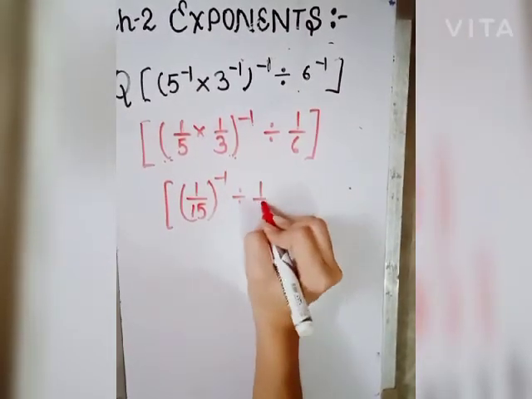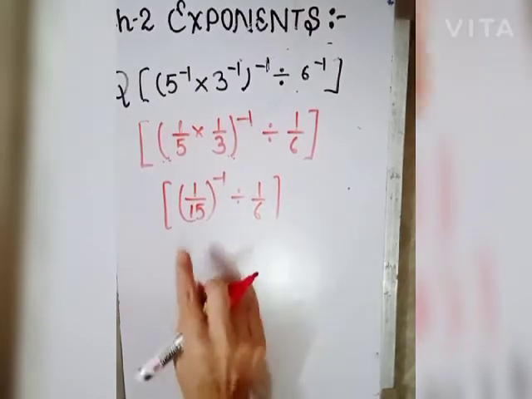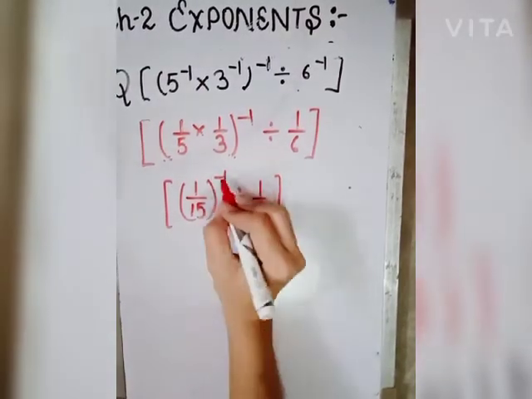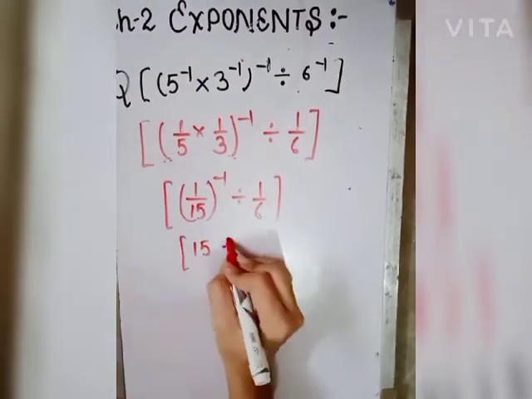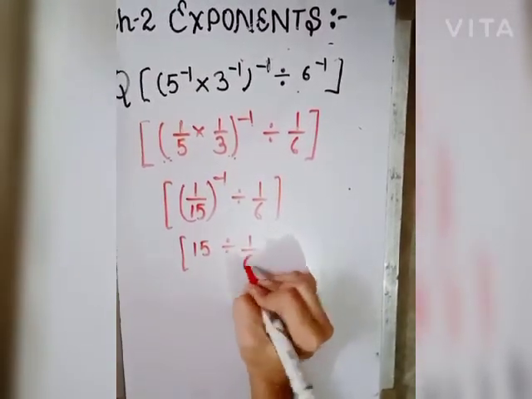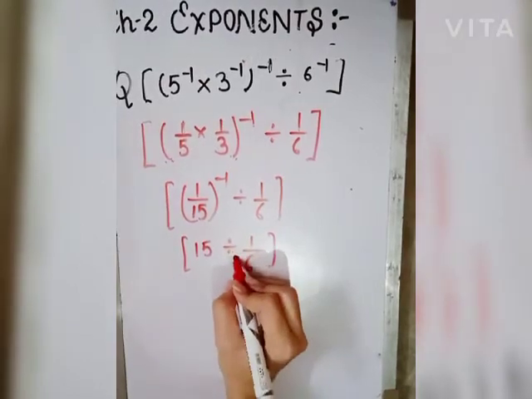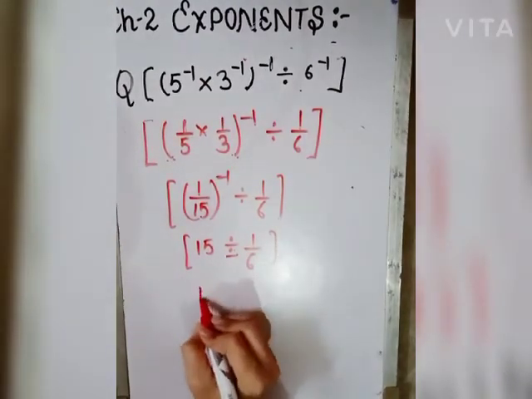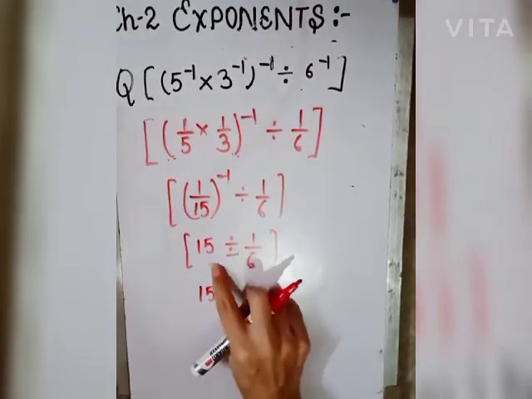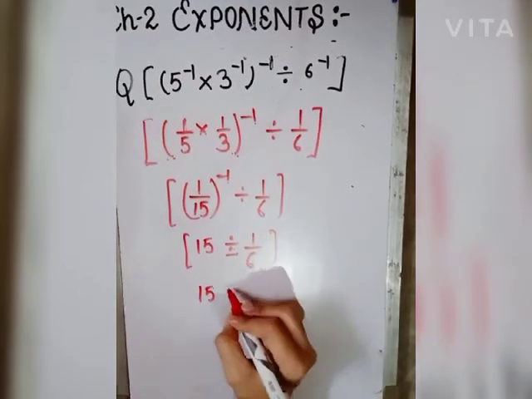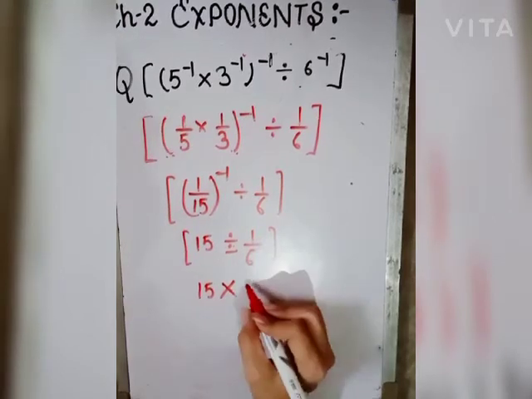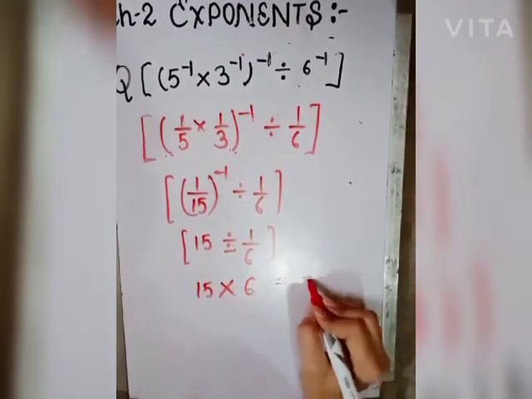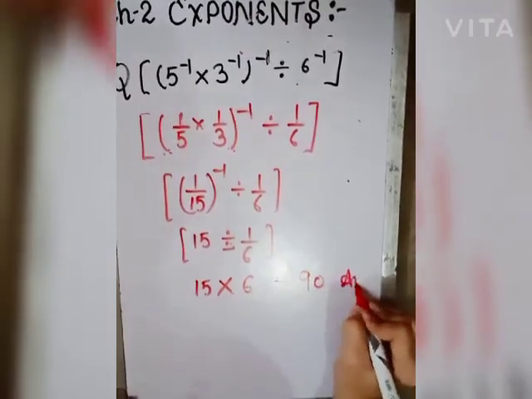Divided by 1/6. Do the reciprocal of 15 because the power is negative here. 15 divided by 1/6. Now just solve this division. Whenever you divide fractions, we put the multiply sign and do the reciprocal of the second digit. So here it is 90, and this is the answer.